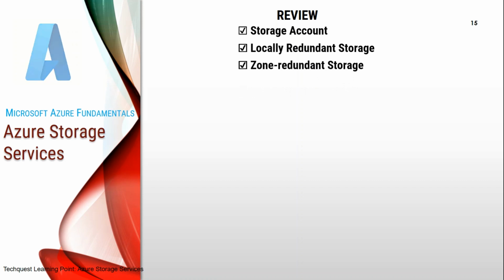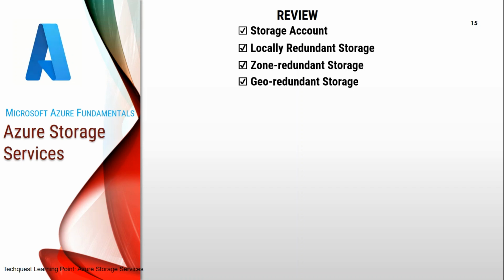Zone redundant storage. For availability zone enabled regions, zone redundant storage, ZRS, replicates your Azure storage data synchronously across 3 Azure availability zones in the primary region. Geo redundant storage. GRS copies your data synchronously 3 times within a single physical location in the primary region using LRS.